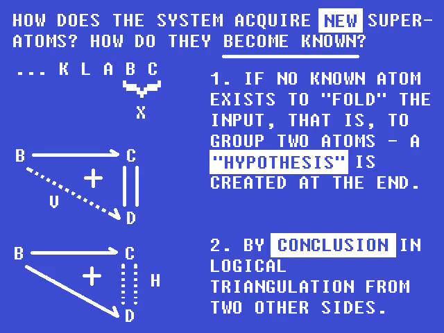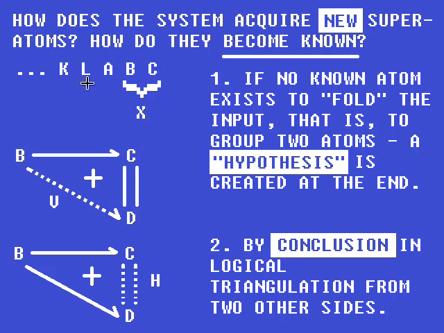So, how do you get to know atoms? It's nice that we can work with them, but how do they ever become part of the system? There are really only two possibilities for that. The first possibility is if you still have input atoms to hierarchize, that is, still input symbols to group together. But it just so happens that you don't know, for instance, here BC.